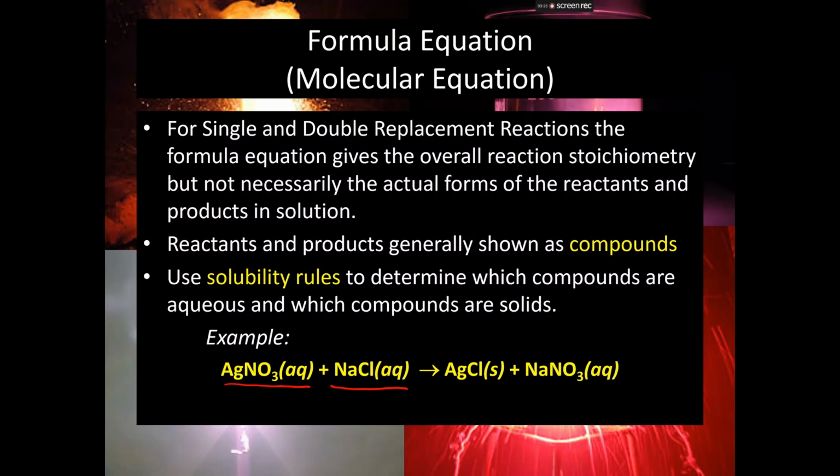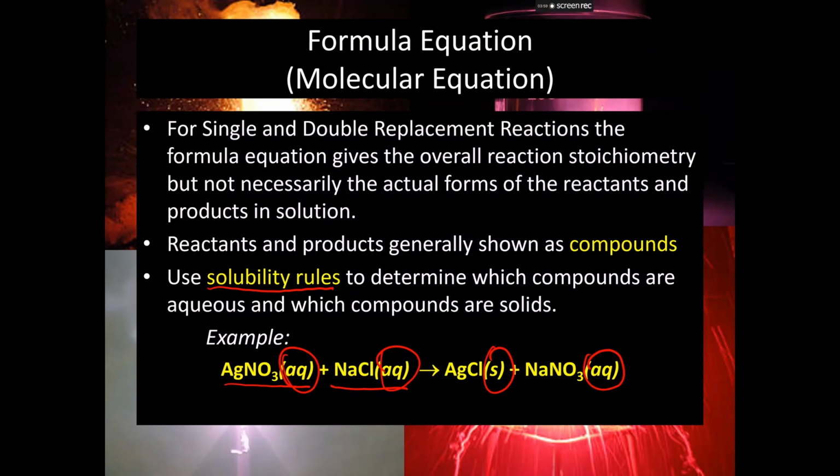Remember that if you're in honors, we learn how to predict the products of single and double replacement reactions and then put in our states of matter according to our solubility rules. These solids and aqueous labels all come from using the solubility rules as we learned in section 4 to determine which compounds are aqueous and which compounds are solid. We're going to keep doing this. You can see this as an additional step to single and double replacement reactions from sections 3 and 4.